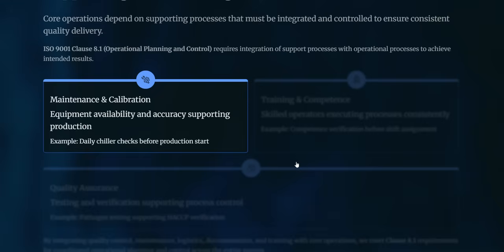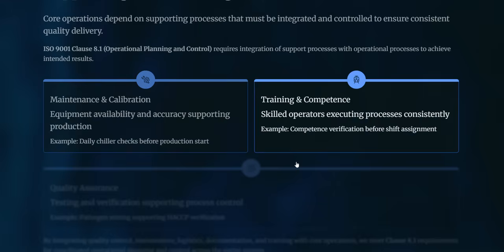First, we have to integrate maintenance and calibration by ensuring equipment availability and accuracy supporting production. An example of that is daily chiller check before production starts. Then we also need to integrate training and competence by ensuring skilled operators execute processes consistently.